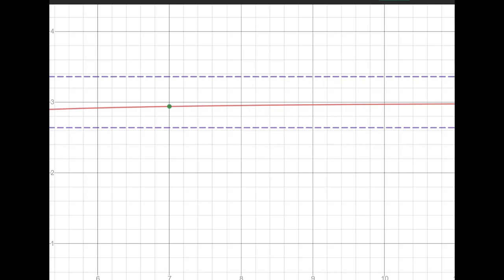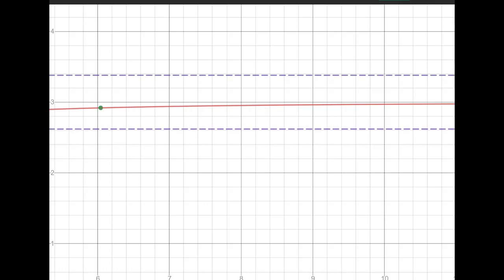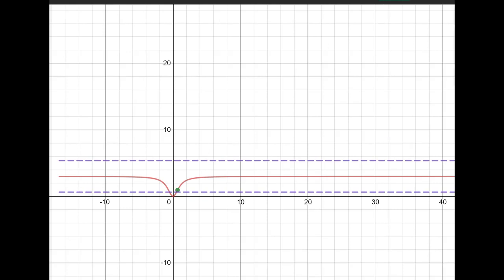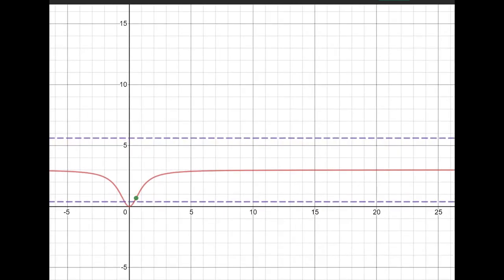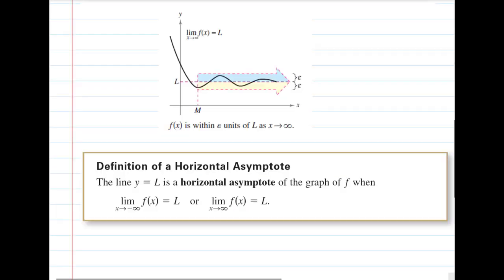So no matter how small I make my epsilon, I can always find a number m such that for all x greater than m, my f of x is in that neighborhood. And the same works if we go to the other side, in the opposite direction, negative infinity, showing the definition that we had.